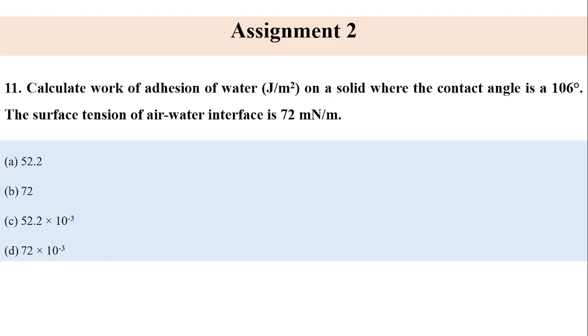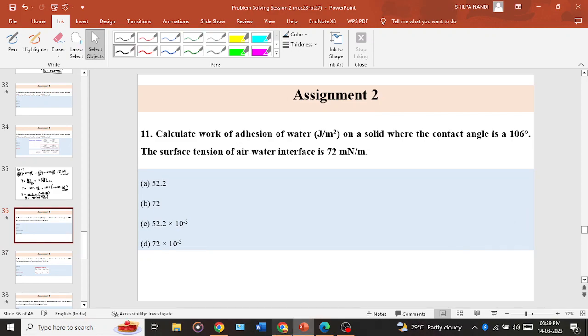Your options are A, 52.2, B, 72, C, 52.2 times 10 power minus 3 joule per meter square, and the last option is 72 multiplied by 10 power minus 3 joule per meter square.